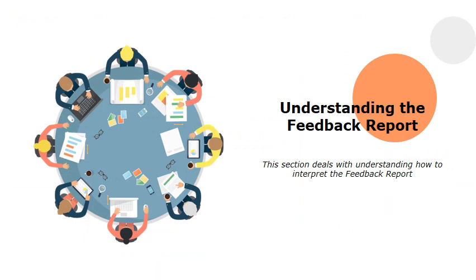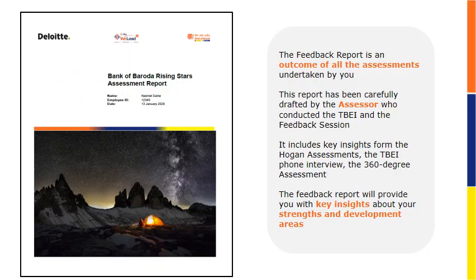In this section, we will take you through the various parts of your feedback report. As we have discussed earlier, your feedback reports contain insights from all your assessments. It has been created by the assessor who conducted your TBEI and your feedback session.